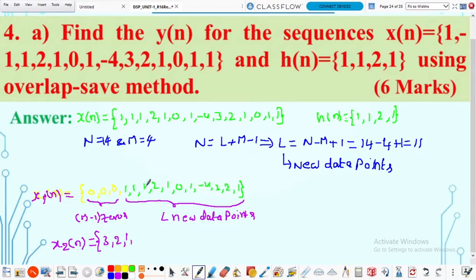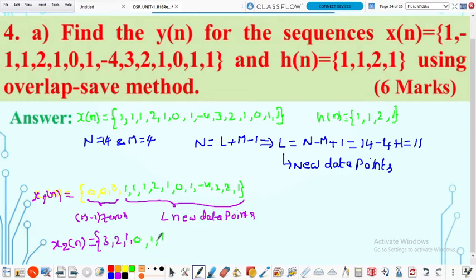Now here in this block, 3, 2, 1 are considered, and what are the remaining data samples? 0, 1, 1.